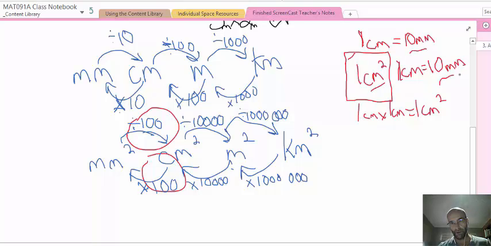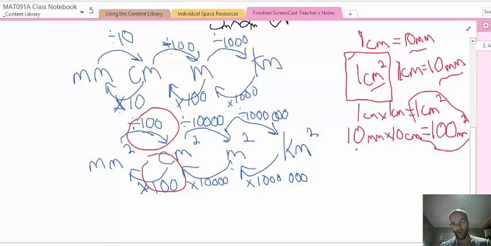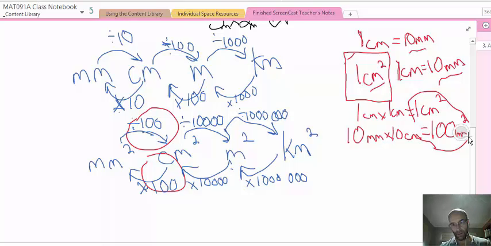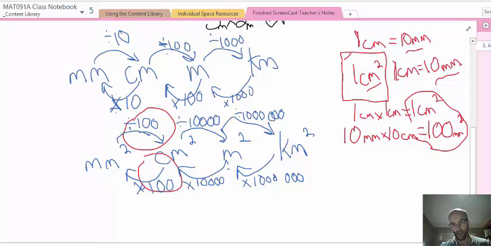We also know that to do the same thing using millimetres, we'd be going 10 millimetres times 10 millimetres. 10 times 10 is 100. 100 millimetres squared. But these two things both describe that area, so those are equal. So 1 centimetre squared is the same as 100 millimetres squared.